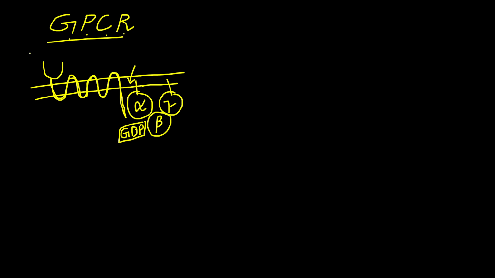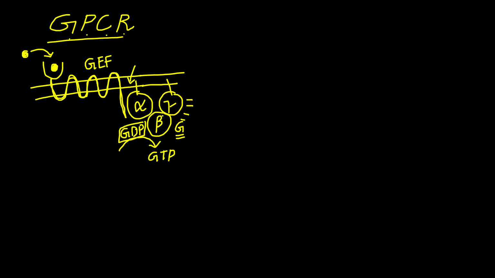As soon as the ligand molecule binds to the GPCR, the GPCR gets activated and it acts like a guanine nucleotide exchange factor. It means that it replaces the GDP with GTP, and hence the G protein gets activated.